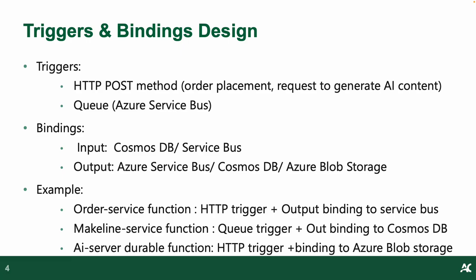queue. Also, for the AI service, in case there is a request to generate new AI content, this would be an HTTP triggered Azure durable function.